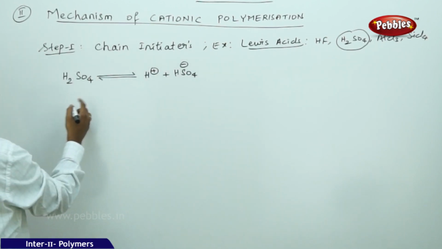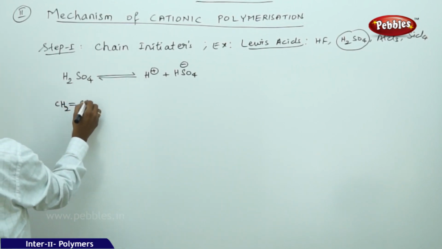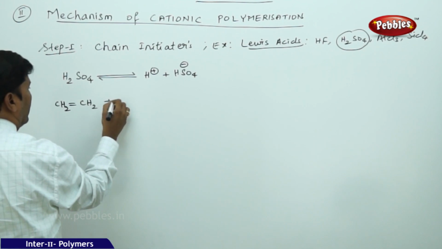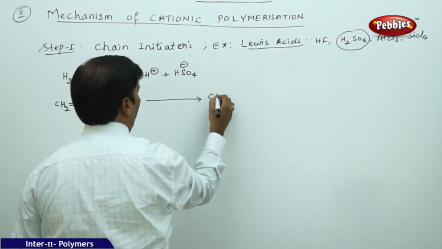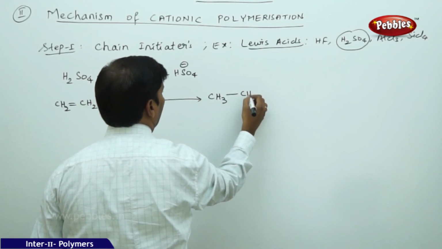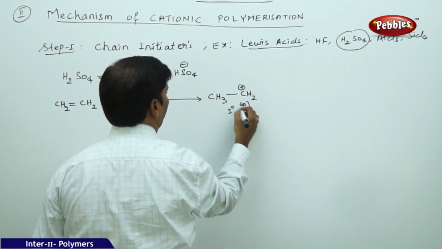Take this proton and the ethylene molecule, or ethene molecule, and add the proton. You get a primary carbocation, CH3-CH2+.